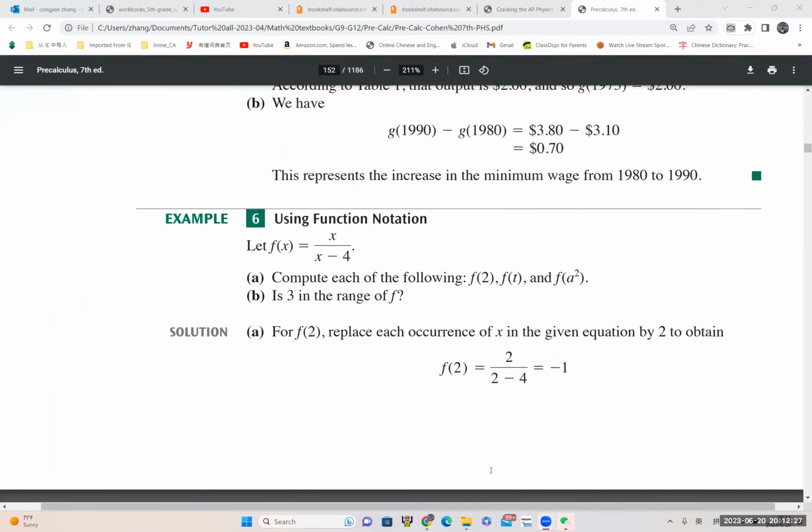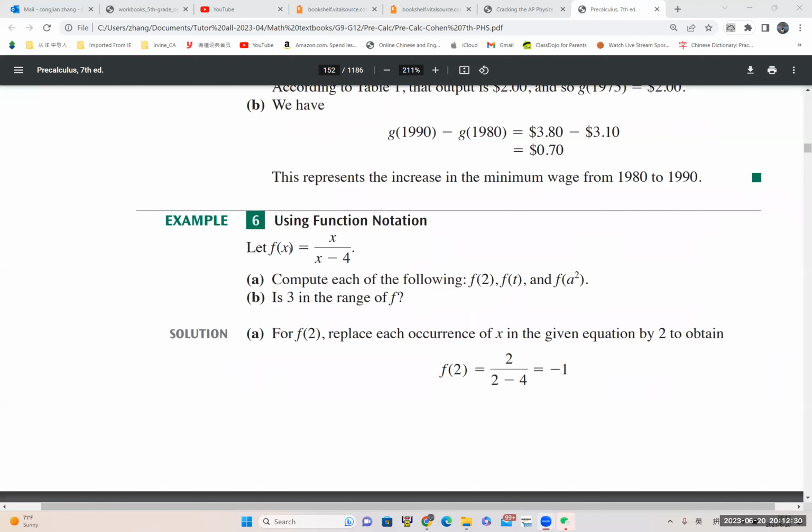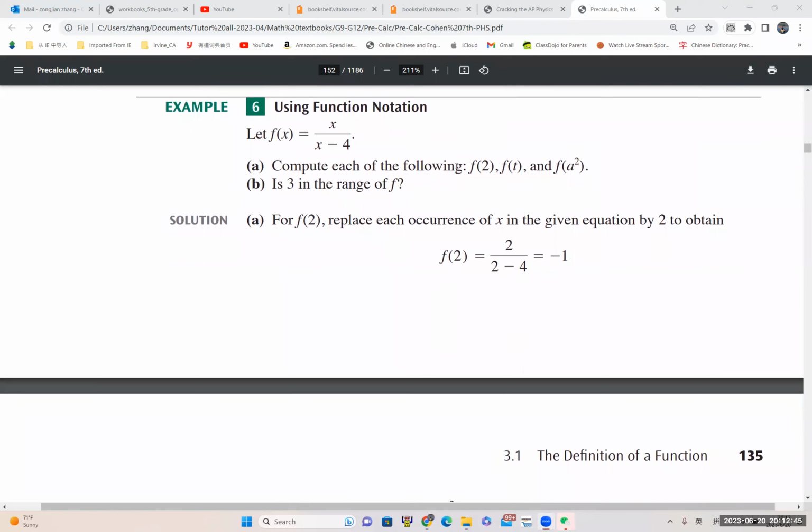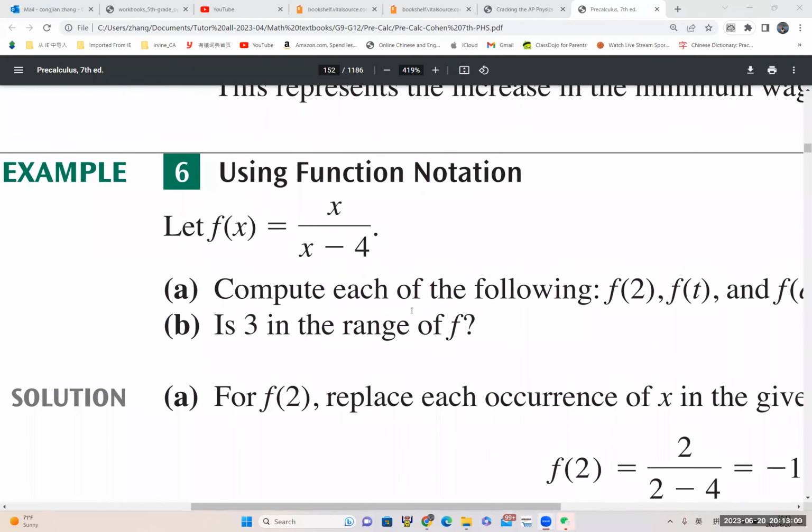We'll pass this. Use function notation, compute each of them. Just replace x with the value to find that x cannot be 4. Is 3 in the range of f? Then you need to know its range first, right? Now can you judge whether 3 is in the range or not?